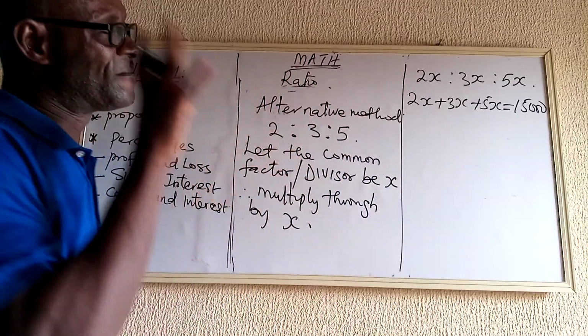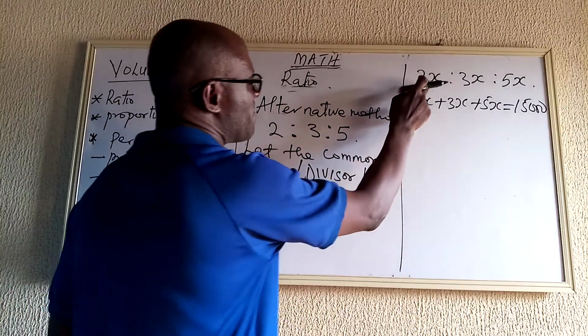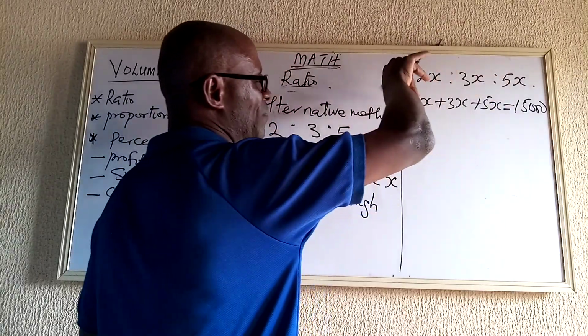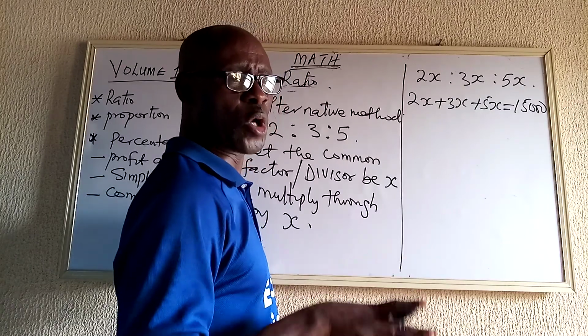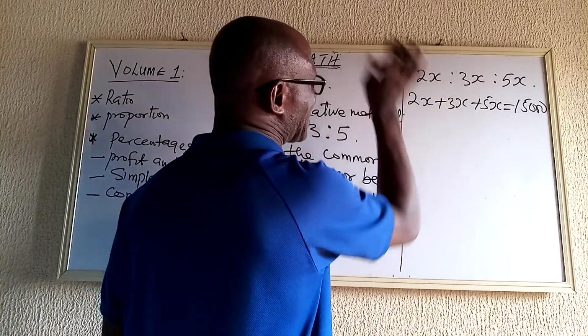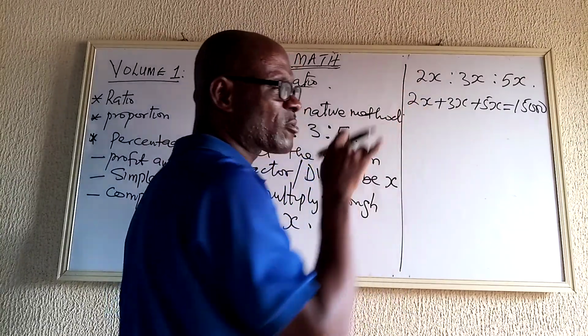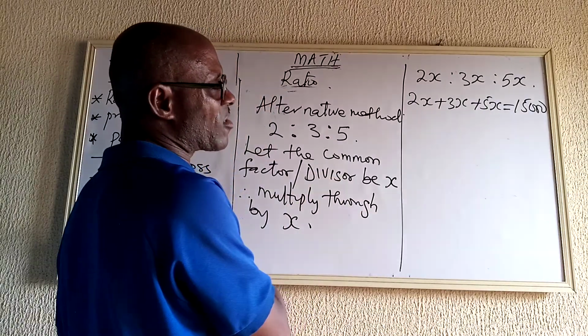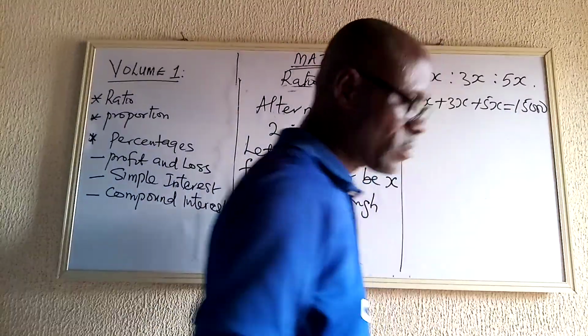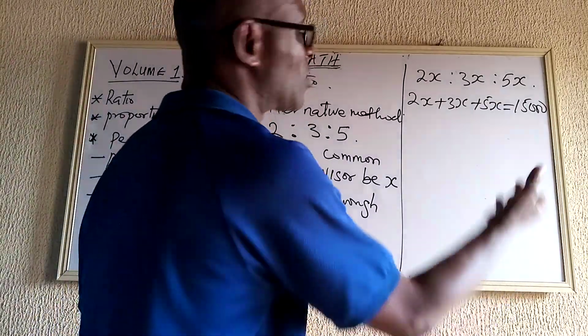Because I have already made this to be the actual value each of them got. So 2X is the actual value for the first investor, 3X is the actual value of share that goes to the second investor, 5X is the actual value or the amount that goes to the third investor.